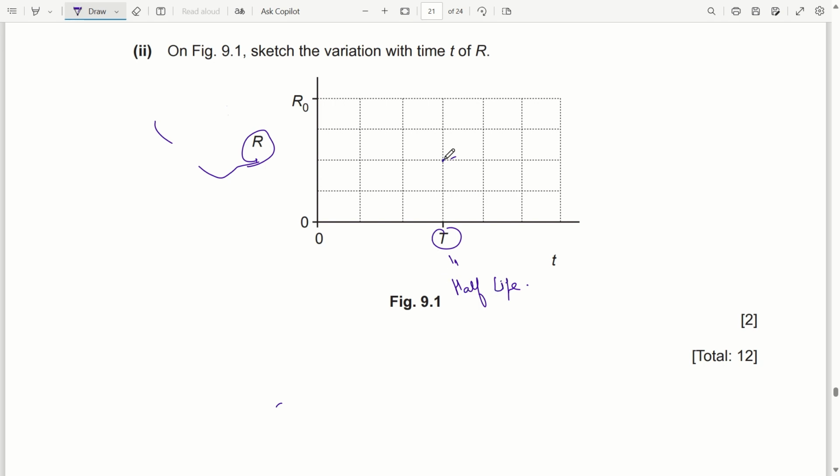So at time T the rate will become R naught by 2. After another half life the rate again becomes half, so this point will become R naught by 4. So the graph will be like this.